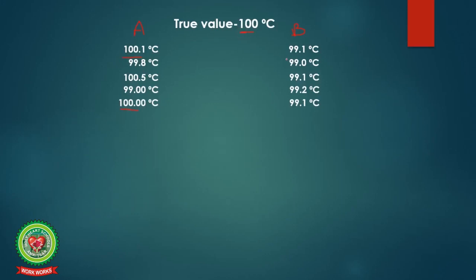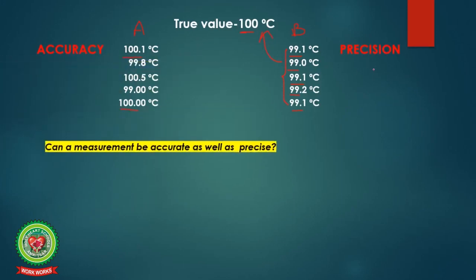In the second case, thermometer B gives 99.1, 99.0, 99.1, 99.2, 99.1 degrees Celsius. Every time it gives a value close to its own value, 99. It means it is away from the true value. It is not giving us the true value. So this is called accuracy and this is called precision. Thermometer B is precise, whereas thermometer A is accurate because it gives values closer to the true value.